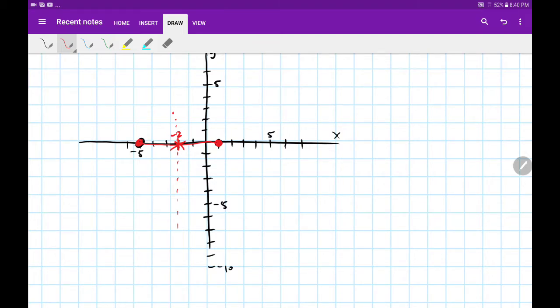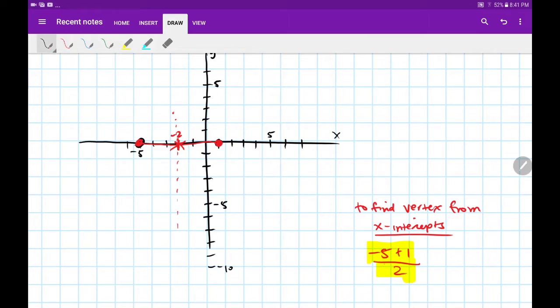So here's how we do it. To find the vertex from the x-intercepts, we're going to add our x-intercepts together. So we've got negative 5 and 1, and then we're going to divide by 2. What we're really doing here is finding the average, or the midway point, the halfway point.